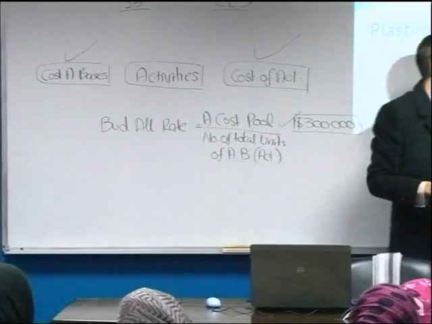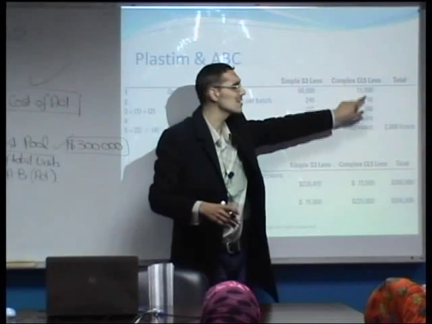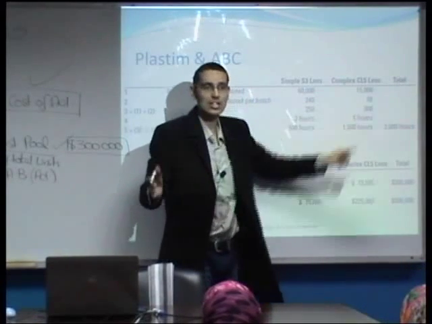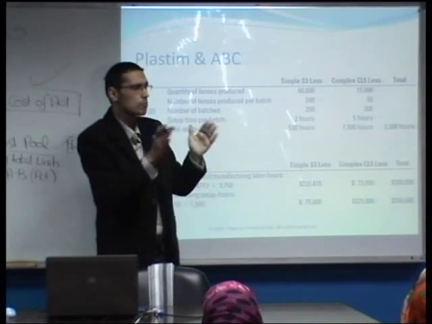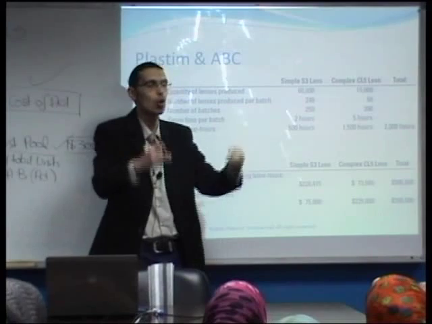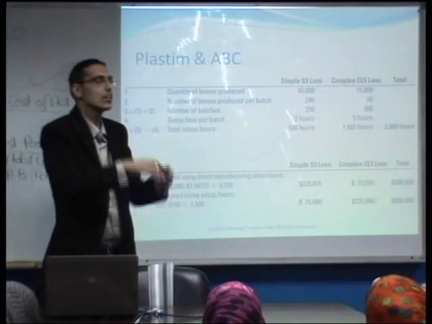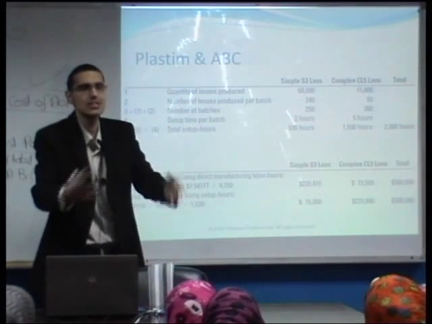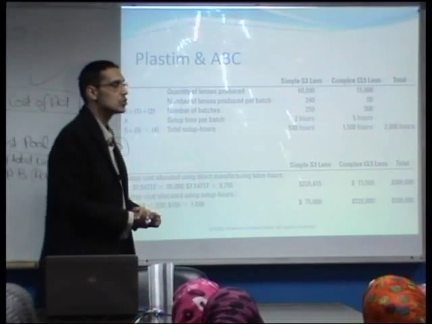The same thing is for the complex lens. After the production of 50 units, we would stop the manufacturing process in order to tweak our machines, clean our machines, and set up our machines.